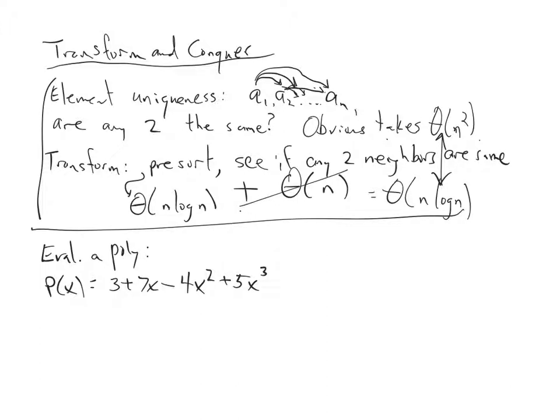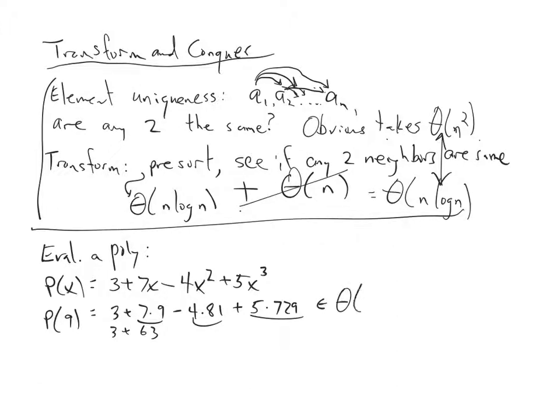If you evaluate that in the ordinary way, like p of 9, the normal human way is to say, well, it's 3 plus 63 minus 4 times 81 plus 5 times 9 cubed, which maybe is 729. Then we'd have to go back and combine them all. That approach is in theta of n squared, where n is the degree of the polynomial.